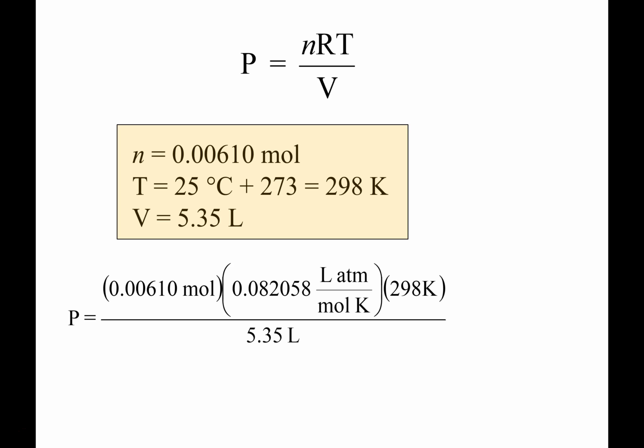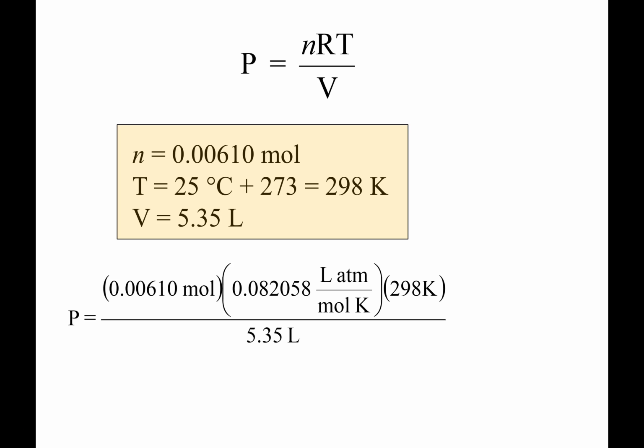So plugging in the numerator, we have 0.00610 moles times 0.082058 liters atmospheres per mole Kelvin, that's R, times our temperature, which is 298 Kelvin, and divided by V, which is 5.35 liters.